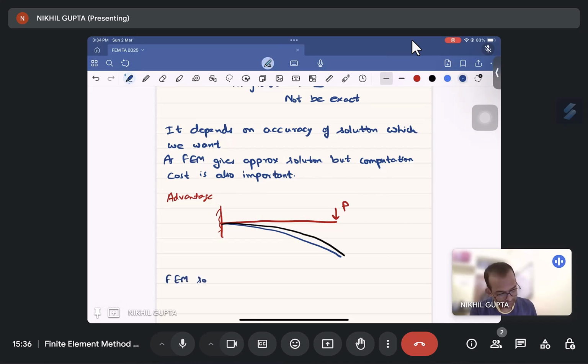FEM solution gives a stiffer solution than the exact solution.